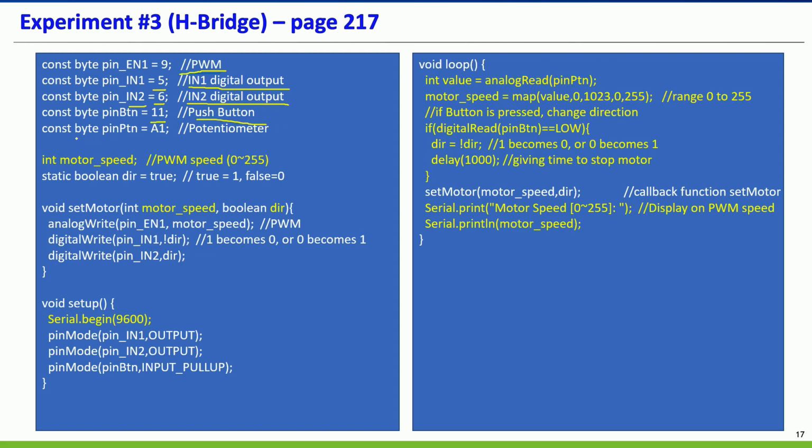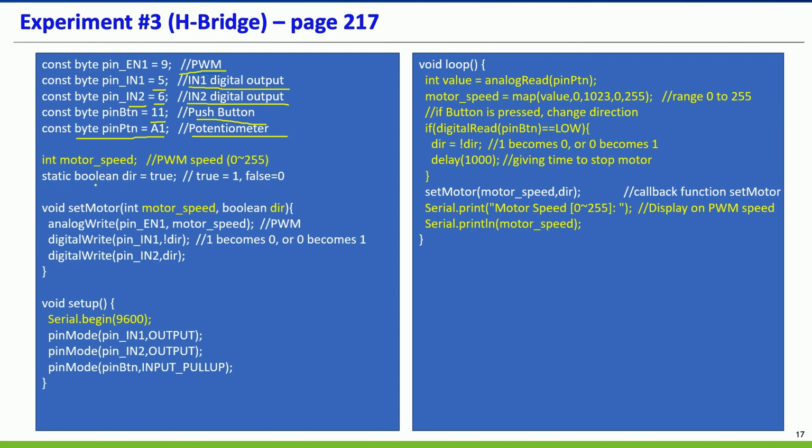Remember? And in here, we use the potentiometer in analog input 1. Then we need the global variable, data type int, for speed. We call it motor_speed, which ranges from 0 to 255 in decimal value.